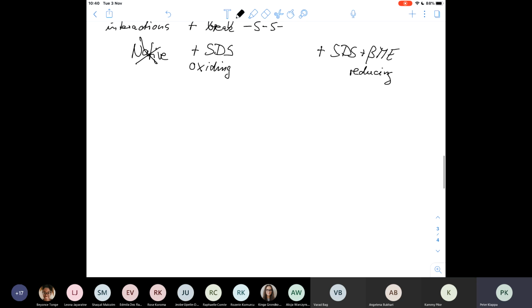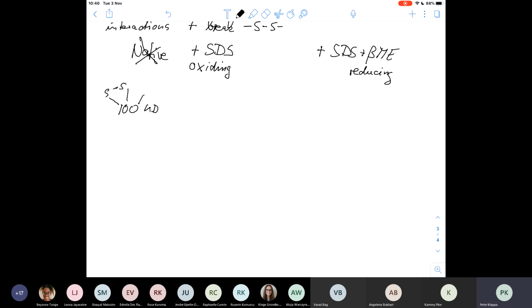And this protein is made up of the following compounds. It has a core unit which is 100 kilodalton big. This core unit has one disulfide bond in it.